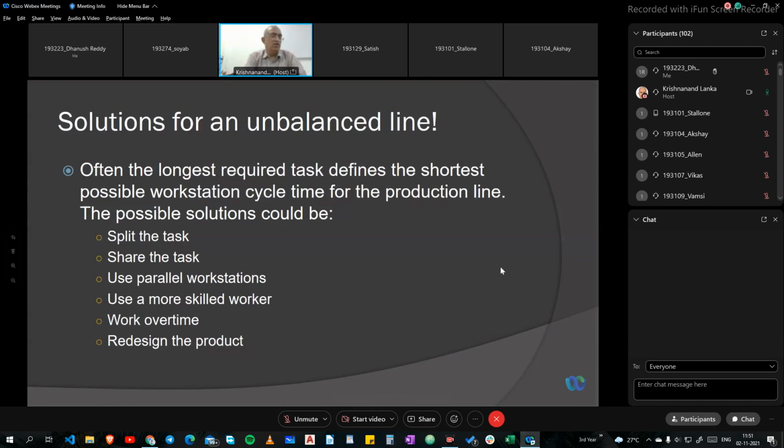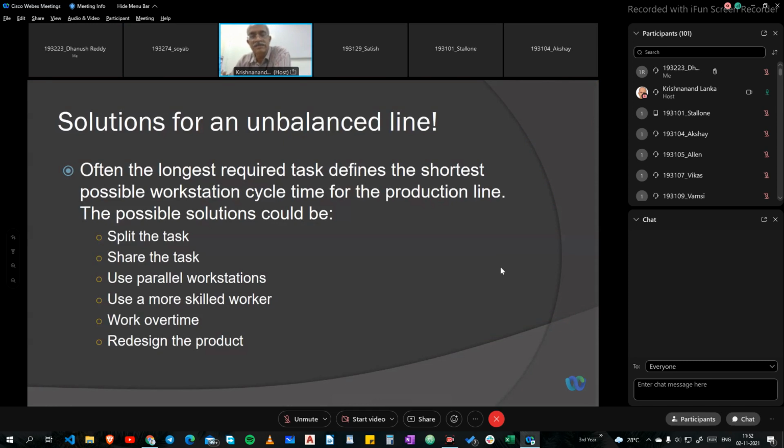So if some of the tasks can be more than the takt time, there can be a situation where normally workstation time is equated to takt time, and in each workstation there can be 2-3 tasks, right? But sometimes a particular task can be more than the workstation cycle time or more than this takt time.